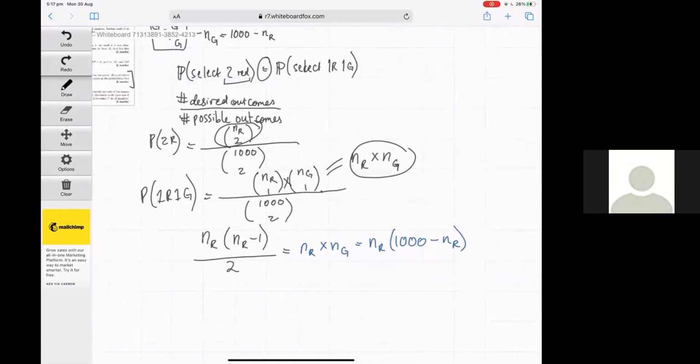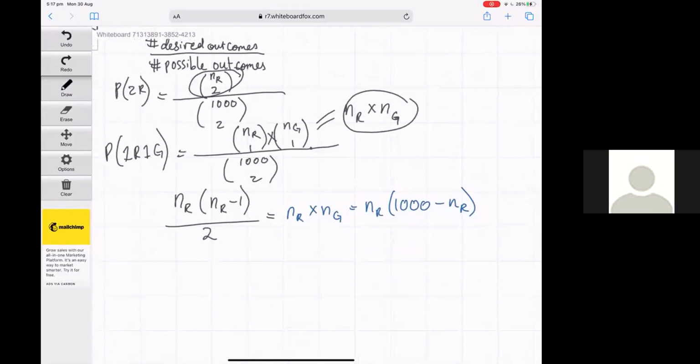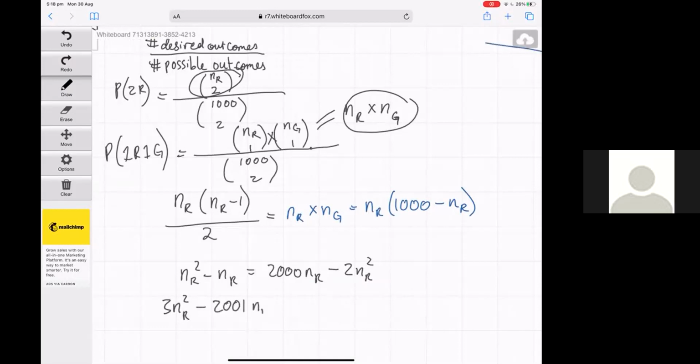So we end up just solving this like a quadratic. If I multiply everything by 2, I get nr squared minus nr is equal to 2000 nr minus 2 nr squared, or 3 nr squared minus 2001 nr is equal to 0.